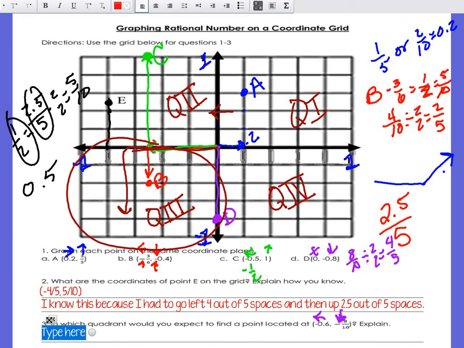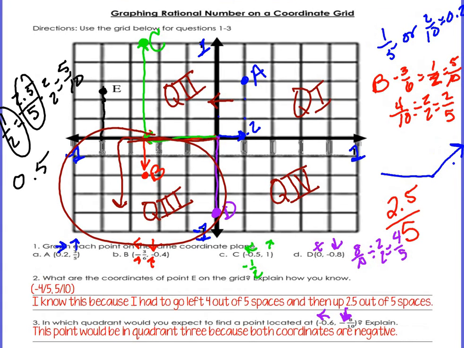All right, so this point would be in quadrant 3 because both coordinates are negative. So you can use the signs to help you determine where the point would be.